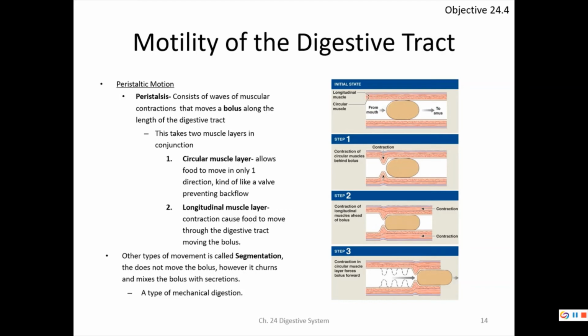Now, what happens is your circular muscles kind of pinch off and contract. And they say, hey, food, you can't go this way. Then the longitudinal muscles will contract ahead of the bolus, and they'll rhythmically move the food through.